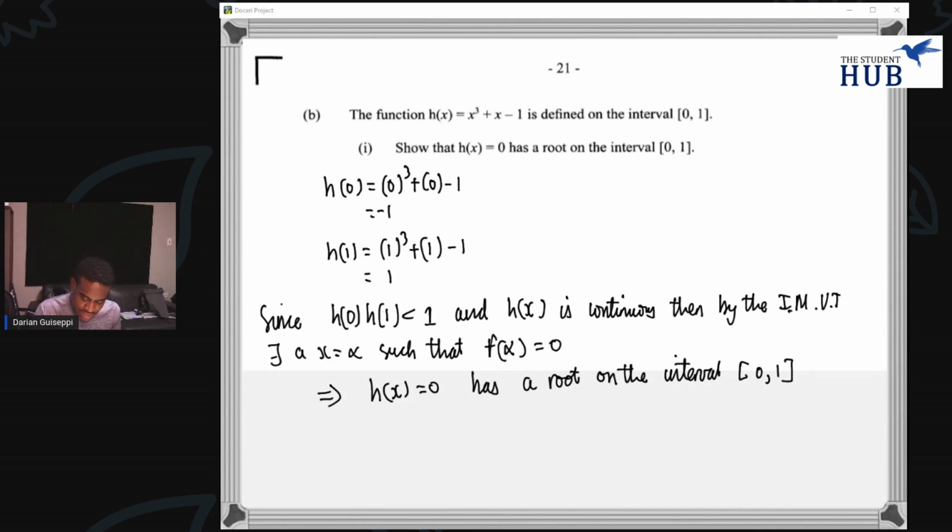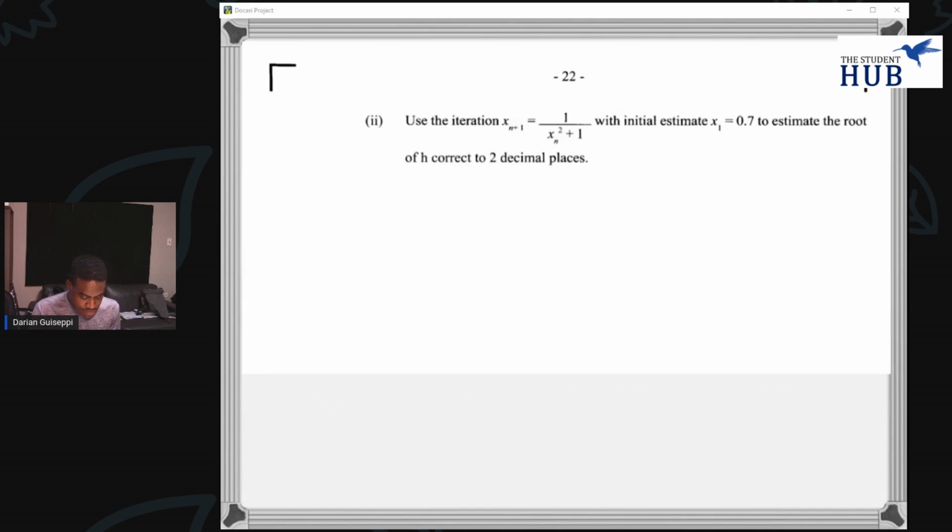It looks like it has a part 2. Part 2 says use the iteration x subscript n plus 1 is equal to 1 on x squared subscript n plus 1, with initial estimate x1 is equal to 0, to estimate the root of h.